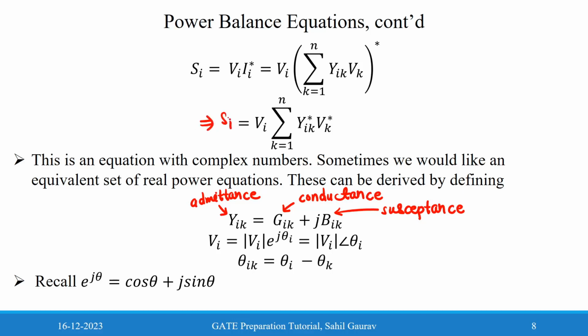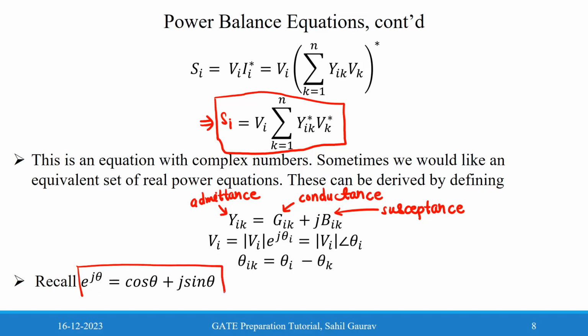S_i is equal to V_i times the summation for k is equal to 1 to n of Y_ik conjugate V_k conjugate. V_i, that is the magnitude of V_i with angle theta_i, is in phasor form, and we also know that e^(j theta) is equal to cos theta plus j sin theta.